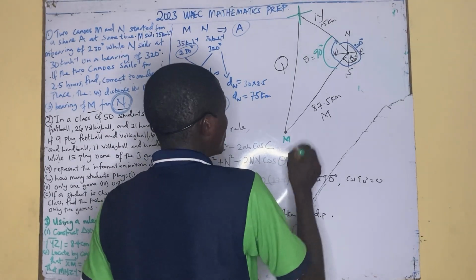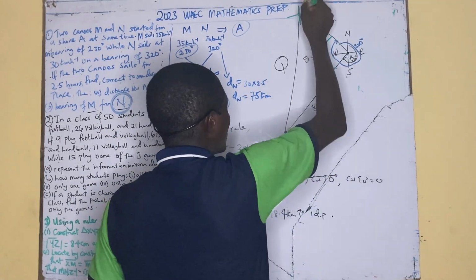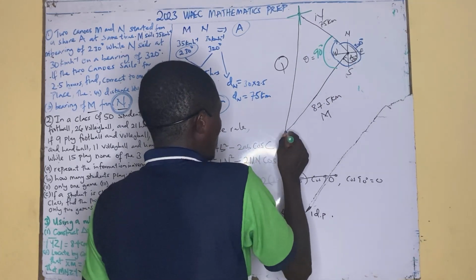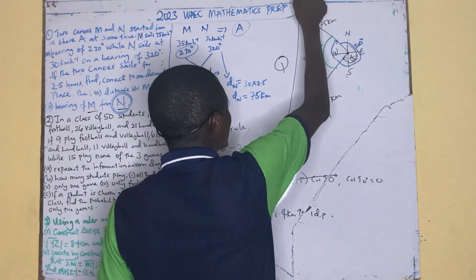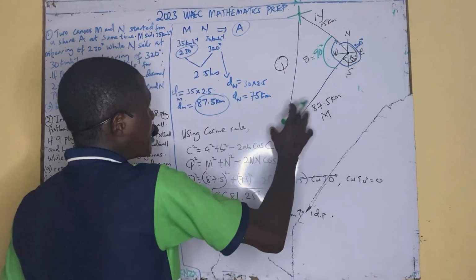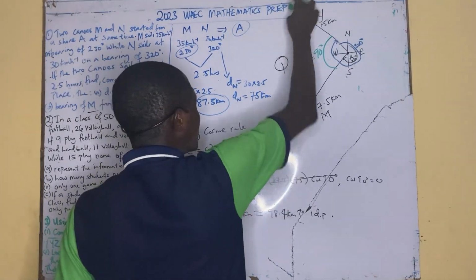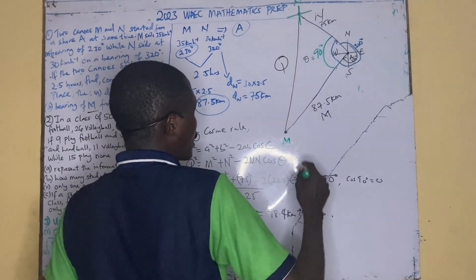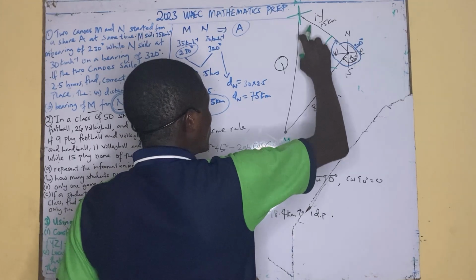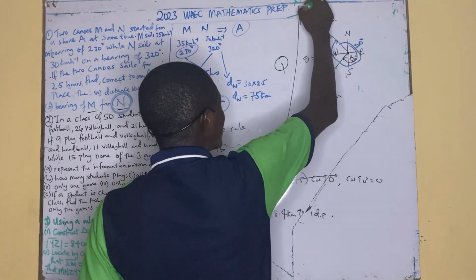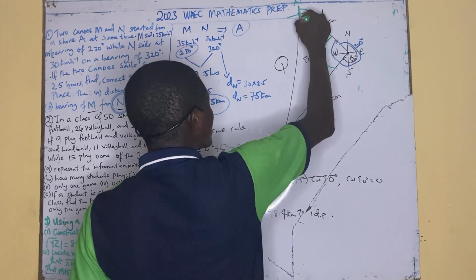Specifically, it's on this place, M and then N. So the bearing of M from N will now be the bearing from here to this point.